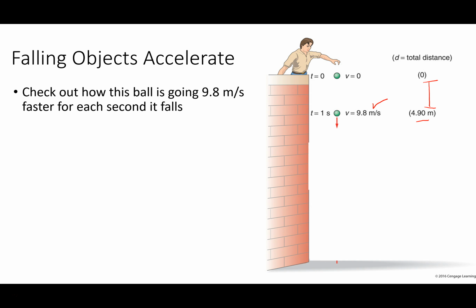But notice that the length here, just because it's going faster, and these aren't drawn to scale, are they? Here we have 4.90 meters, and here it almost looks like twice that, but really it's a lot more than twice that. Does that seem right to you? If this is about 5, this is about 20. So they aren't doing their picture justice.